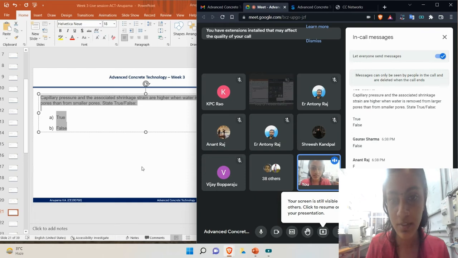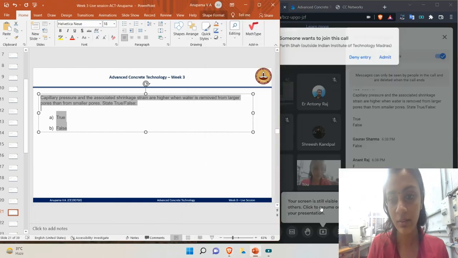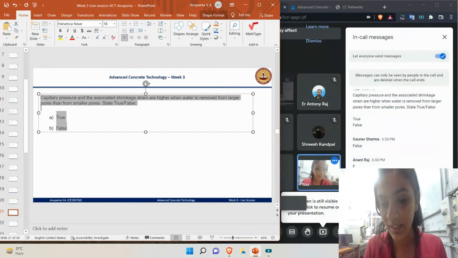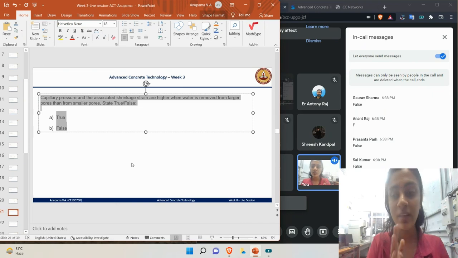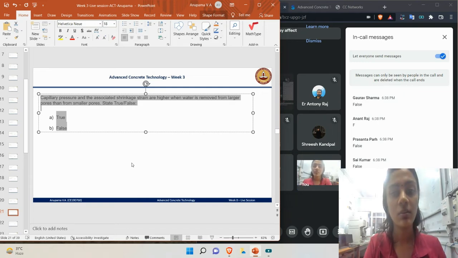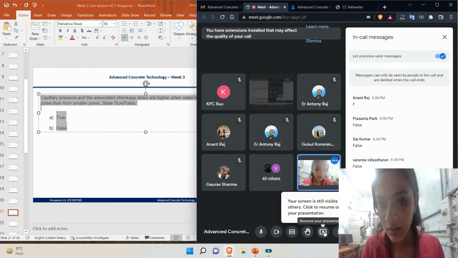Is my screen still visible to you? Yes, ma'am. Okay, I guess multiple screen sharing happened. Anyway, I hope it is clear. My statement is that when you remove water from a large pore, it causes more shrinkage or capillary pressure than... Screen not visible, ma'am. Okay, let me try. Gokul, can you unshare? Visible right now.